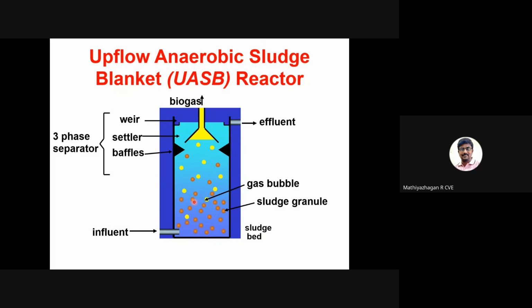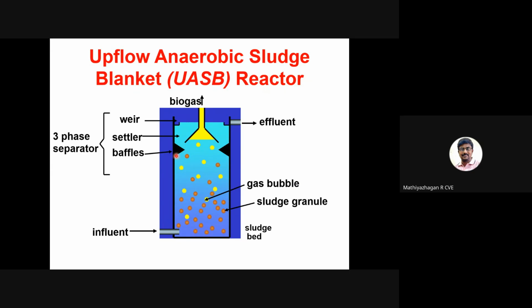These gases move towards the top. During that time, the granular matter, that is sludge, also attaches to some gaseous particles and moves to the top. So we have to separate the granular particles from the gas.